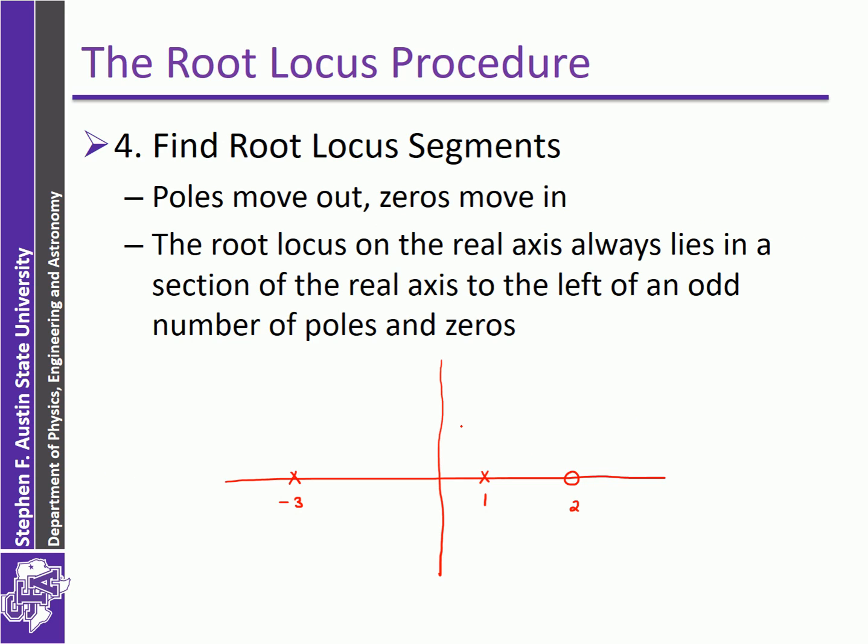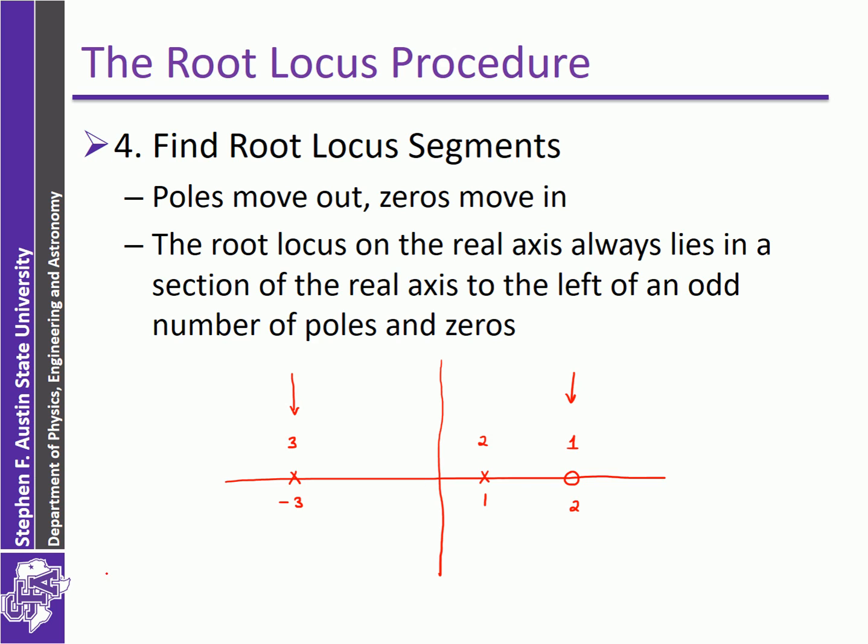In every odd root, we're going to draw a segment to the left of that specific pole or zero. So this is basically root 1, root 2, and root 3. It is pretty obvious which ones are the odd. This one is the odd, and this one is the odd.